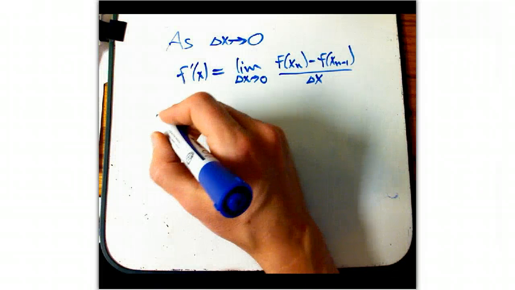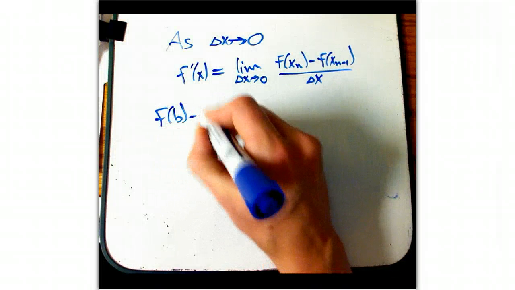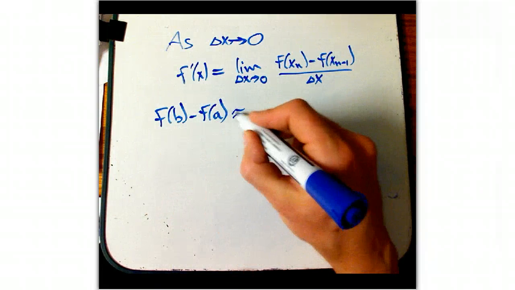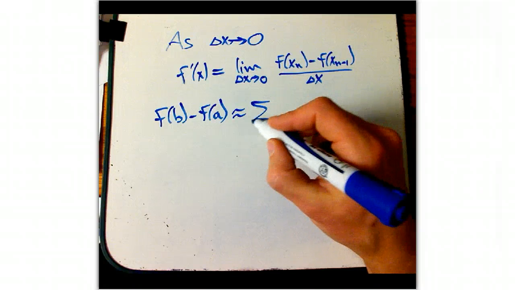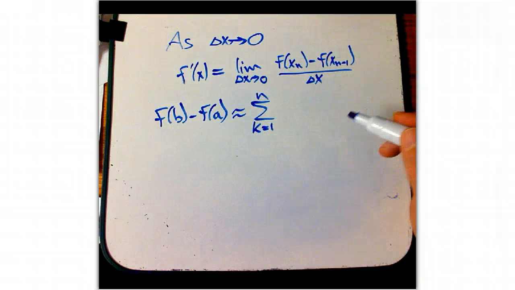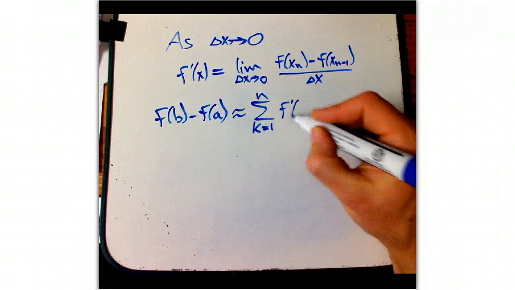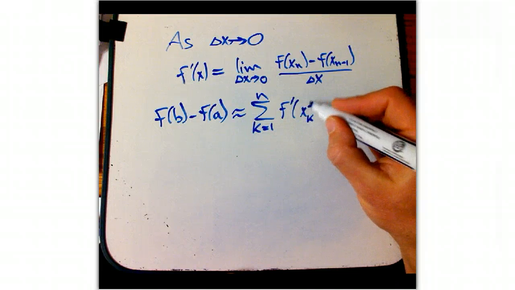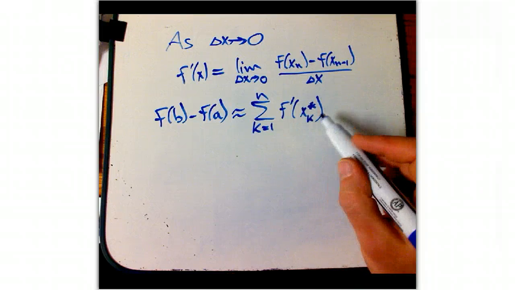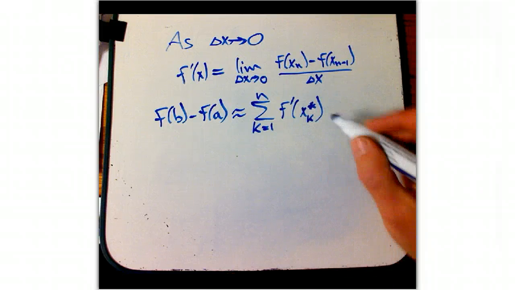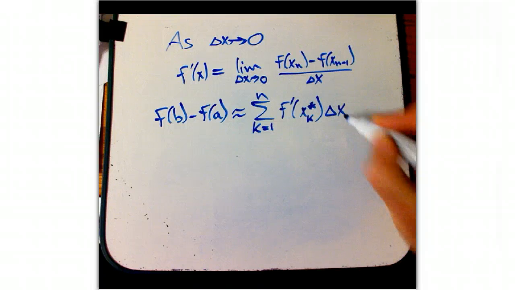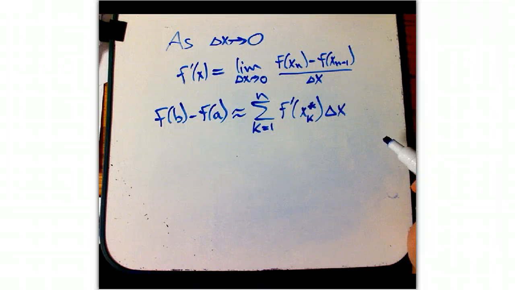And so, let's put together what we've got so far. We've got the overall change is approximately equal to the sum over all of those intervals of the local changes. Then the local changes, now here, I want this to be xk star, because now instead of focusing on just one segment, I need it to work for each of the segments, times the width of each segment. Okay.